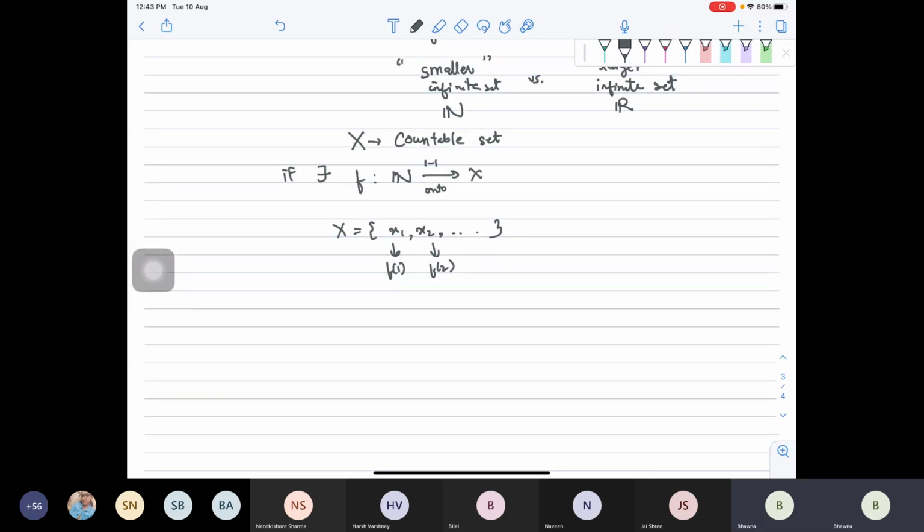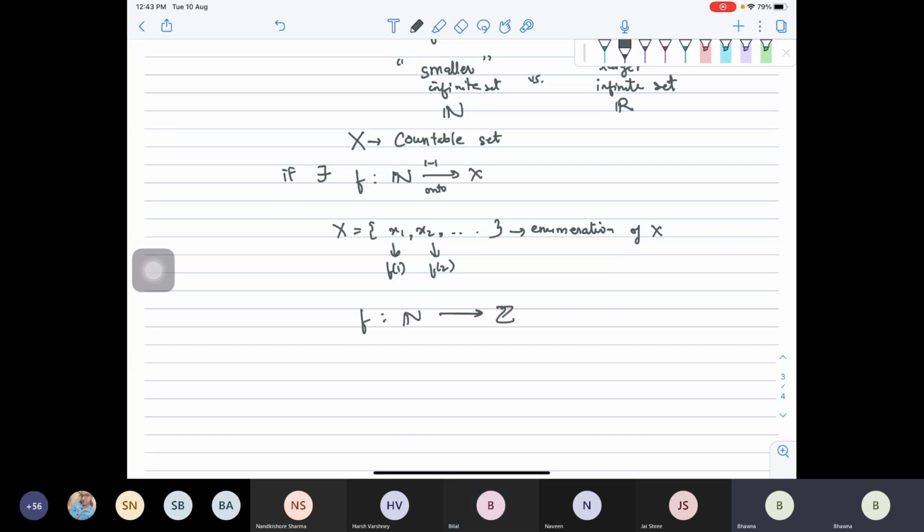And if this happens, we can always write down X. This is called an enumeration of X. Now he's saying that Z cannot be countable. So I can define a function from N to Z. How?